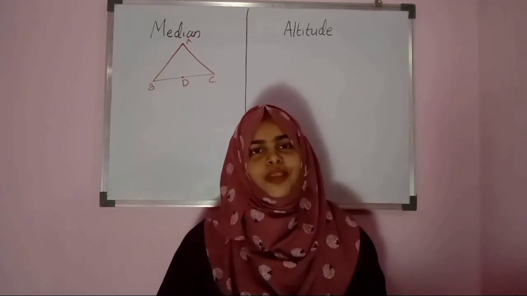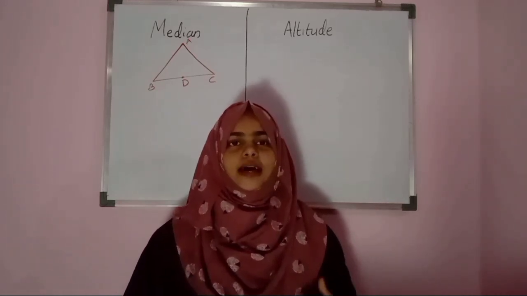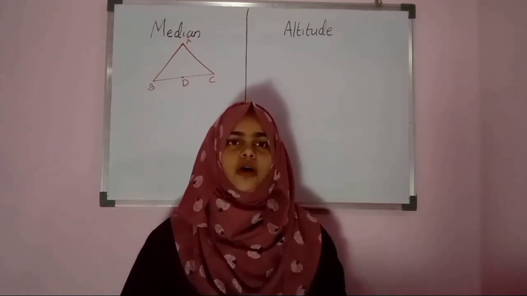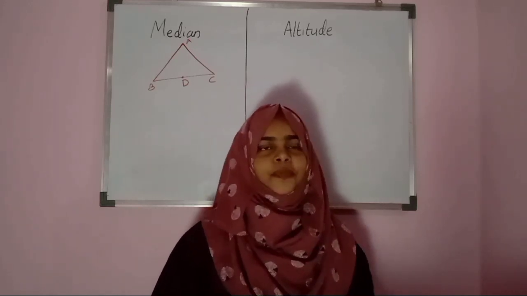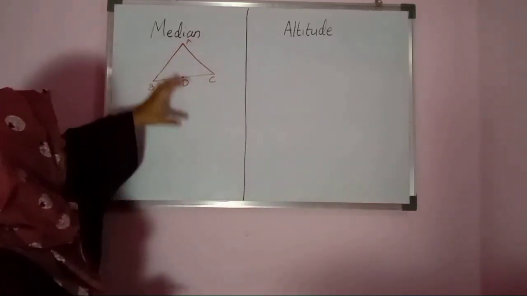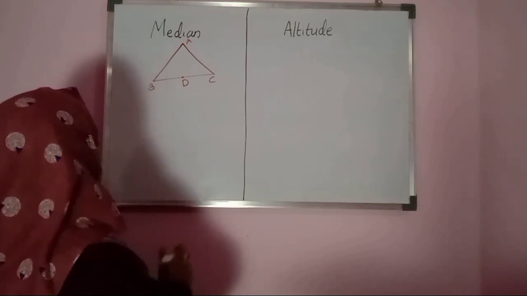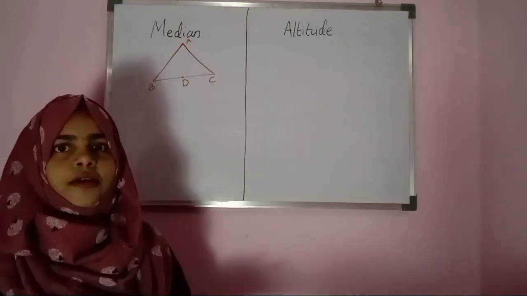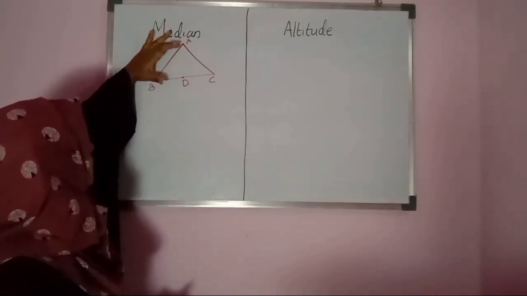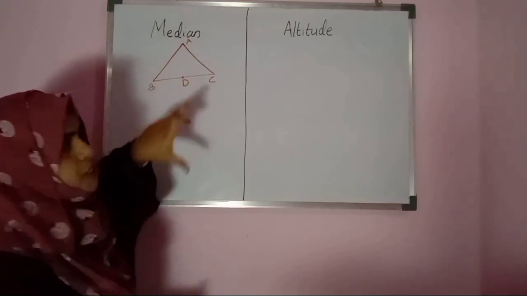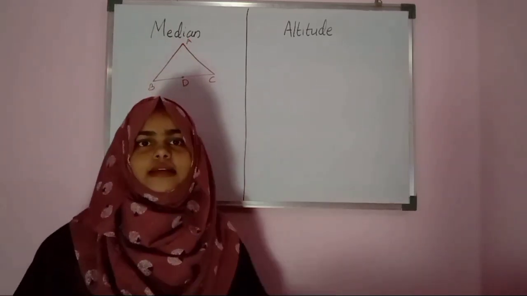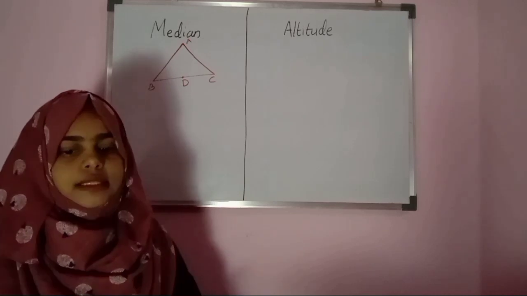Okay. So next we are going to discuss what is a median and what is an altitude of a triangle. We are first going to discuss the median. Median means from the opposite vertex, when we draw a line to the midpoint of the side, it is known as the median.